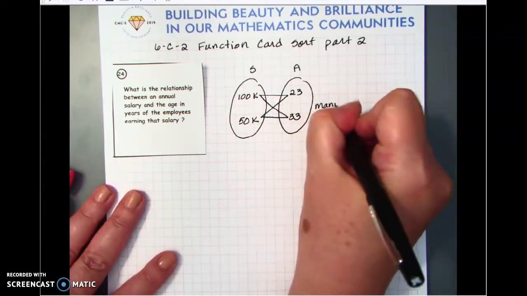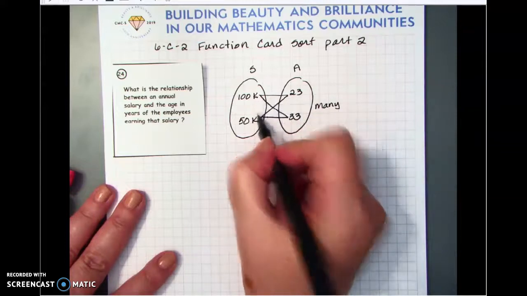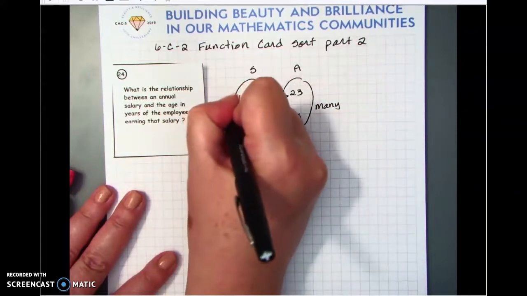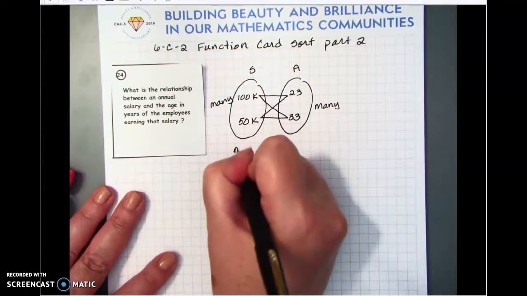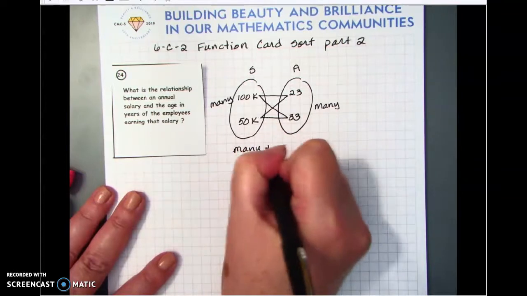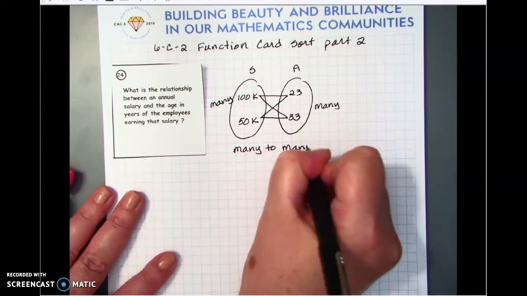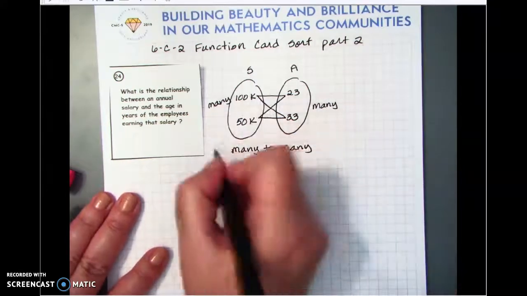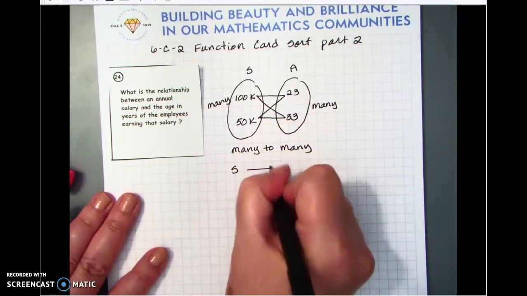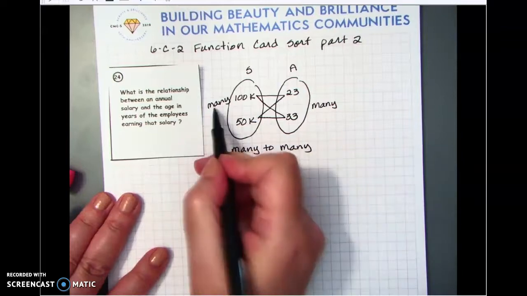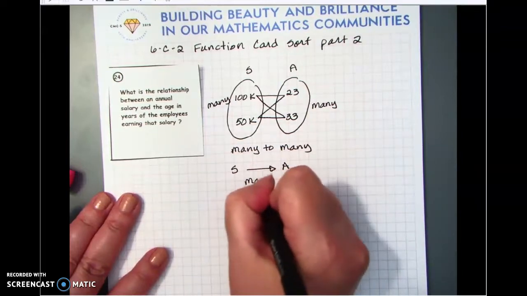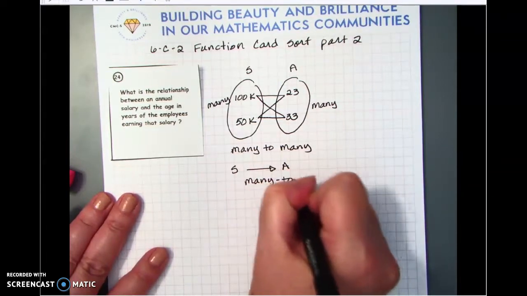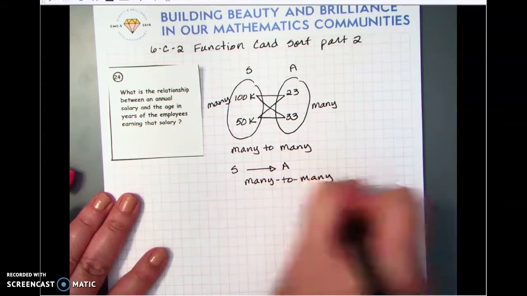So this side would be a many, and then this 1 point goes to many on this side, so there's a many here. So this is the first one that I've been going through, that this is a many to many situation. So that means if I go from left to right, from salary to age, that's going to be a many to many, which means that it is not a function.